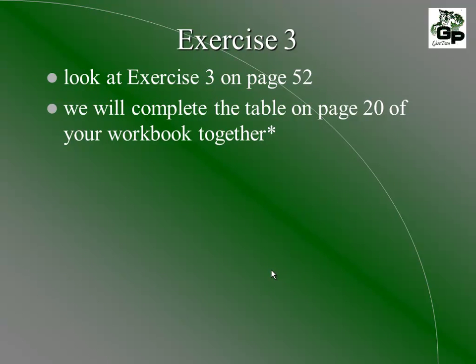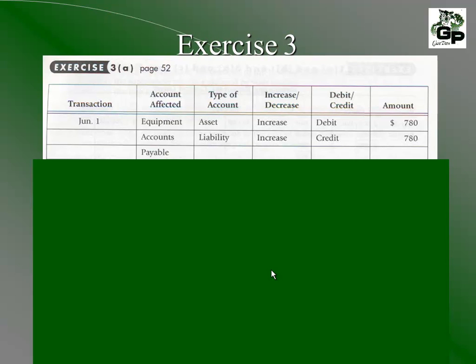Let's take a look at exercise 3 on page 52 together. And we're going to complete the table that's in your workbook at the same time. The first one is done for you. The two accounts affected for the first transaction on June 1st are equipment and accounts payable. We have to list the type of account, so we say equipment is an asset account, accounts payable is a liability account.